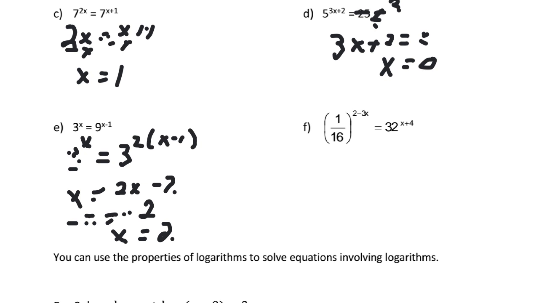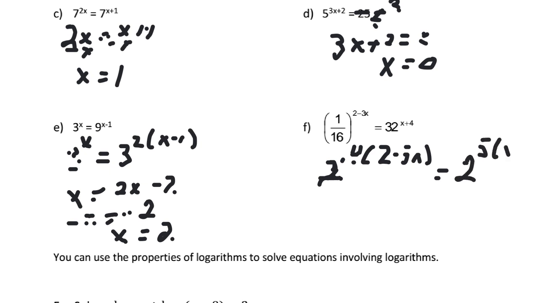So really what I'm going to have here is base 2 to the negative 4 times 2 minus 3x equals base 2 times 5 times x plus 4.